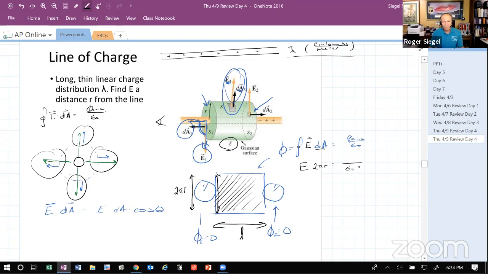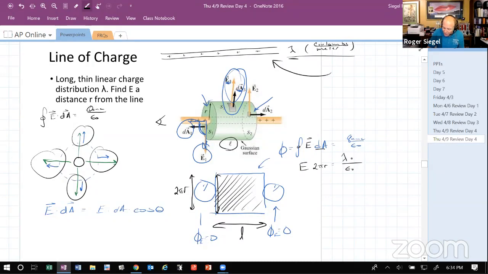Now, just like in the previous problem, the Q enclosed is the most challenging here. What is the Q enclosed? Remember that my charge density is lambda coulombs per meter, times however many meters gives me the charge.